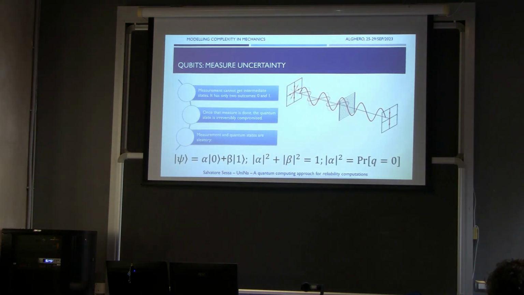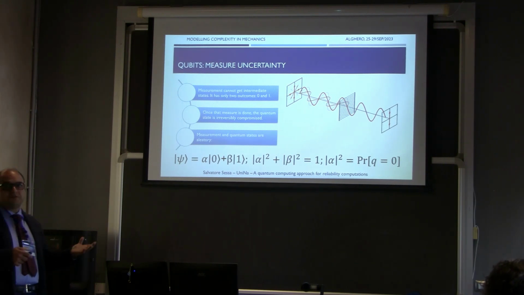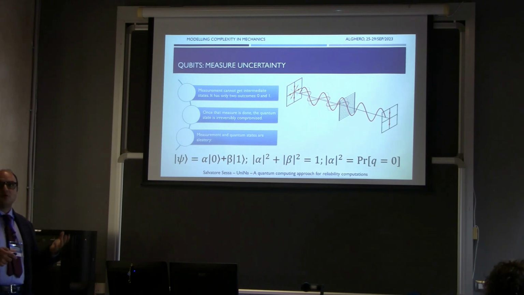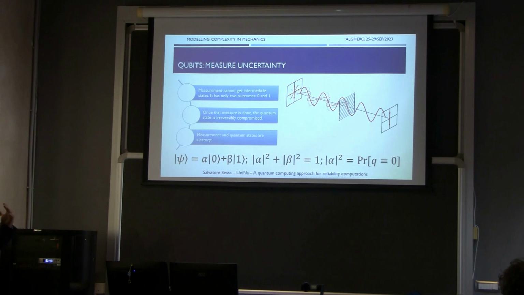In general, when we measure the state of a quantum, there are several differences with respect to the classic bit measurement, because the bit provides a deterministic binary information. So the circuit is open or closed, so it's just 0 or 1. On the contrary, while we still get a binary information from a qubit, actually this is not deterministic.